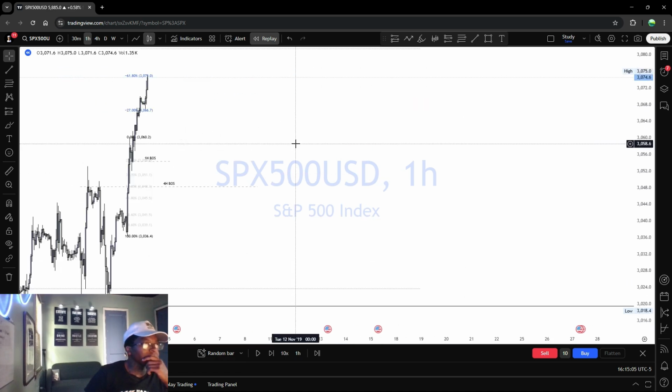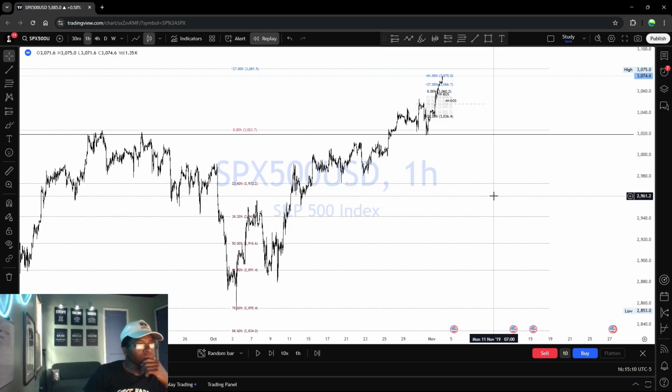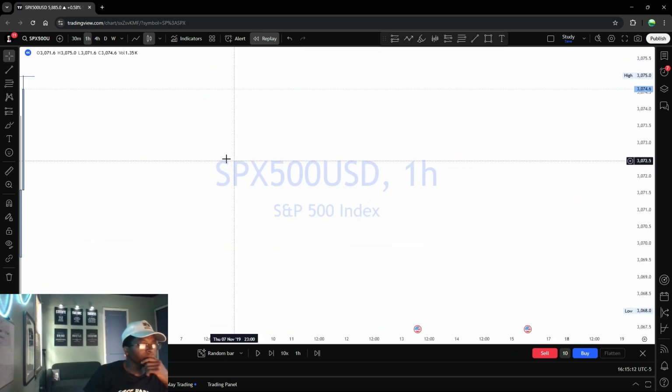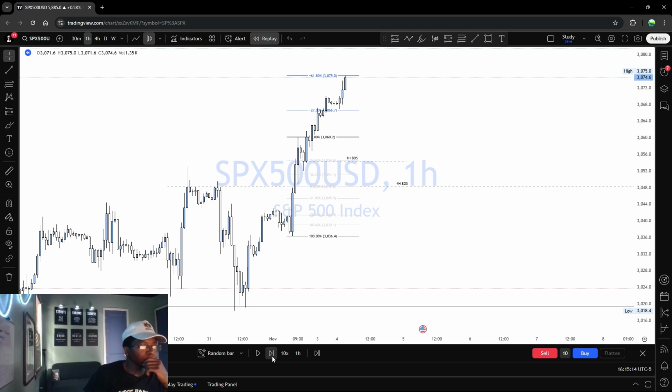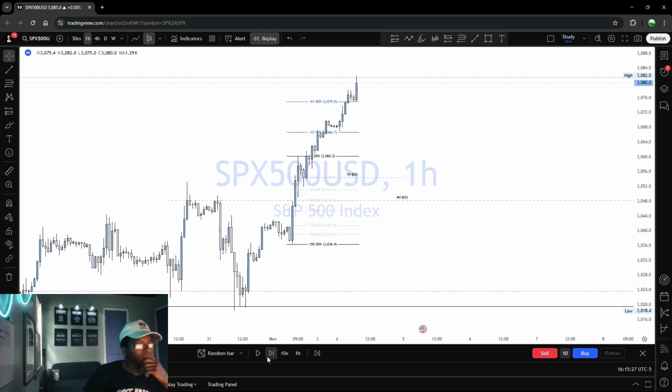So I'm interested to see if price is going to continue to push higher, reach this negative 27, just to see how price reacts from there. So we are still pushing up.